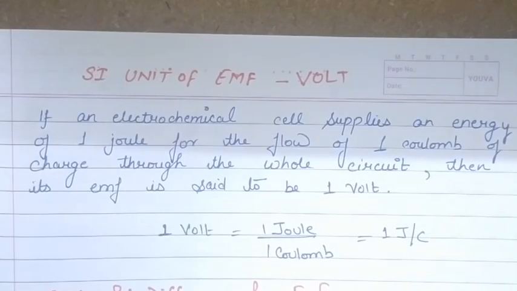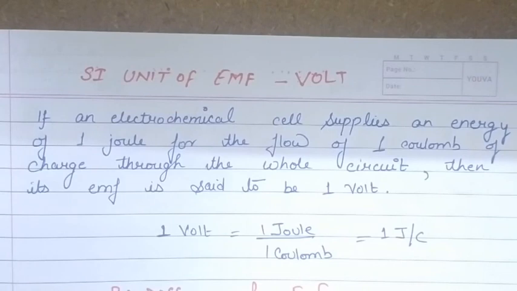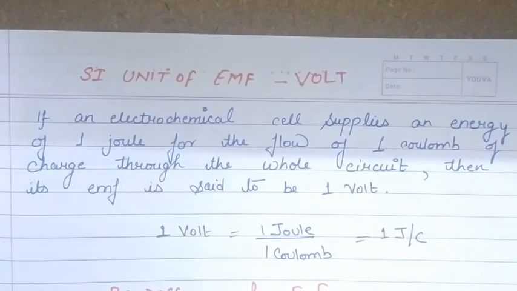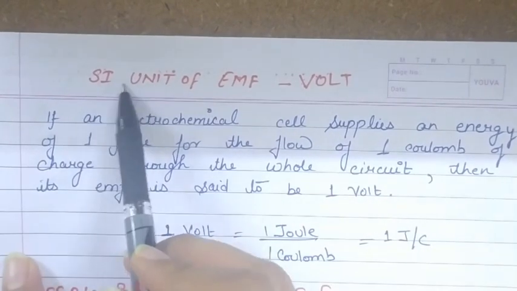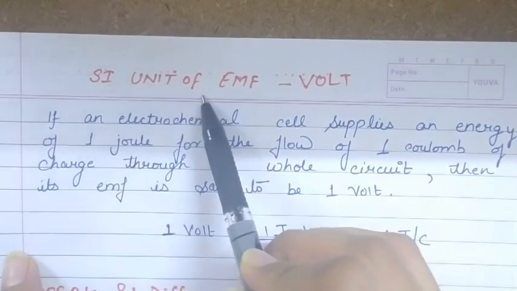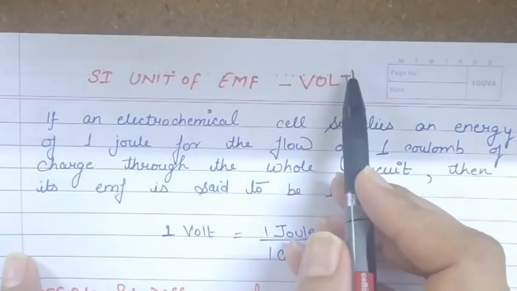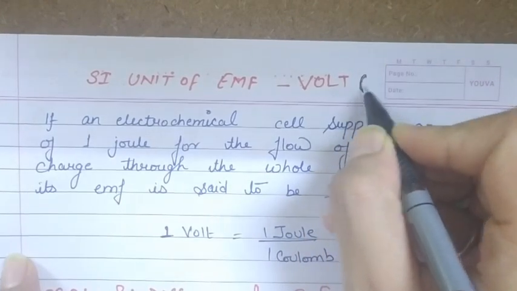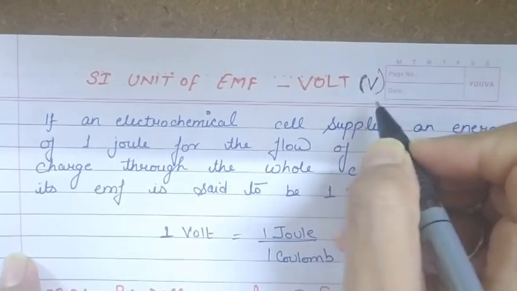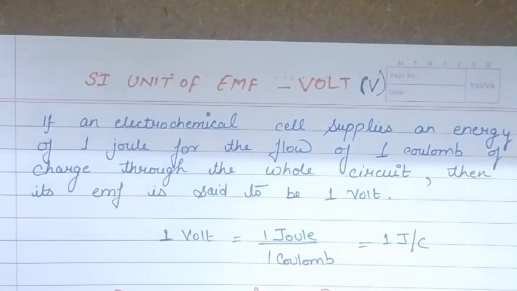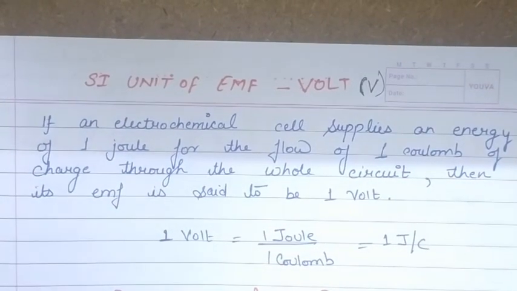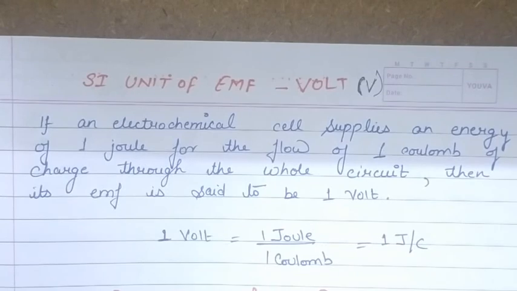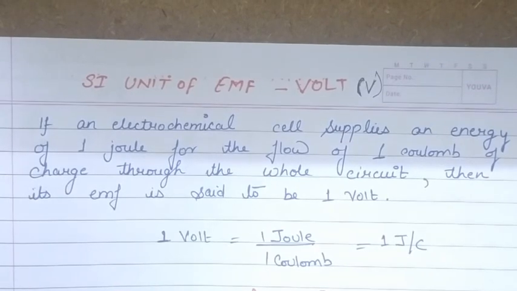So after understanding the concept of EMF or electromotive force, the next thing we should know is the SI unit of EMF. So SI unit of EMF is volt, and we denote it by letter capital V. Okay, so what is 1 volt? 1 volt EMF को हम कैसे define करेंगे?